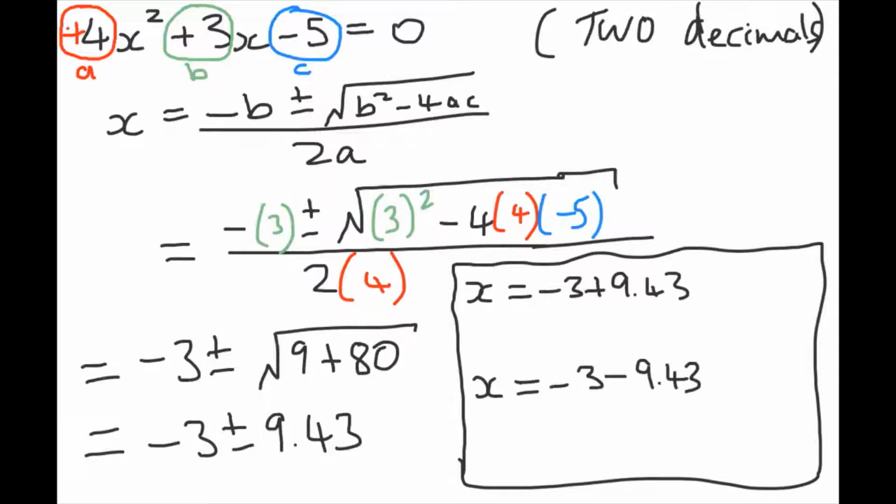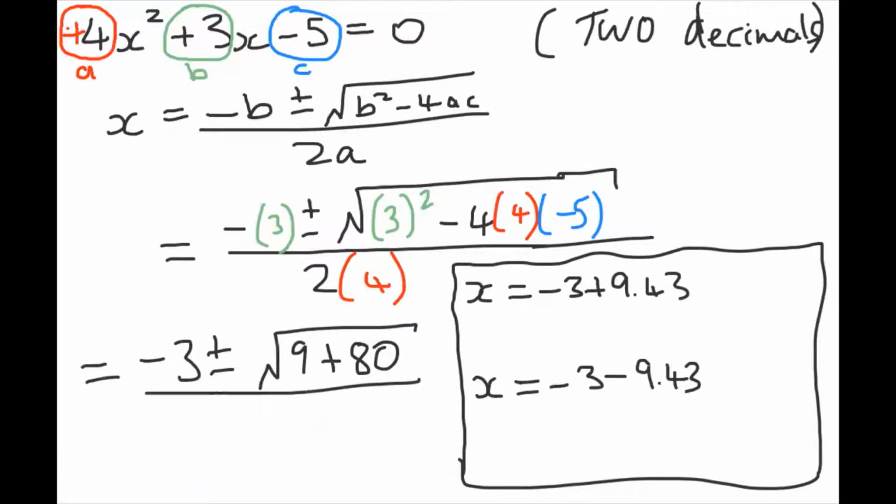The reason why this is not complete yet, I apologize, is that there's still this part over here, 2 times 4. So let me wipe this out quickly. All of this is divided by 2 times 4, so that's 8. So that will be minus 3 plus minus the square root of 89, divided by 8. Just keep that in mind. Divide by 8.